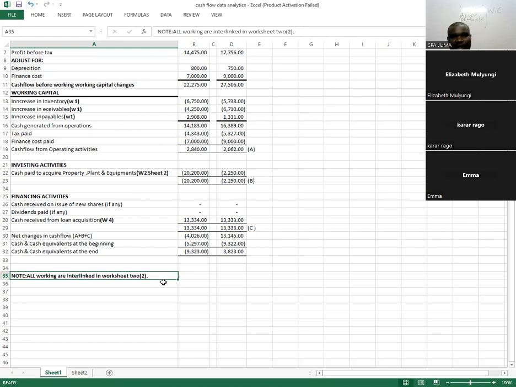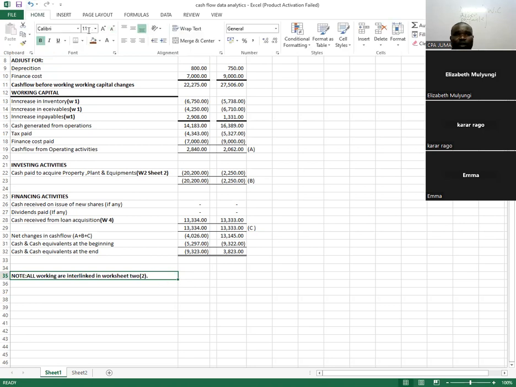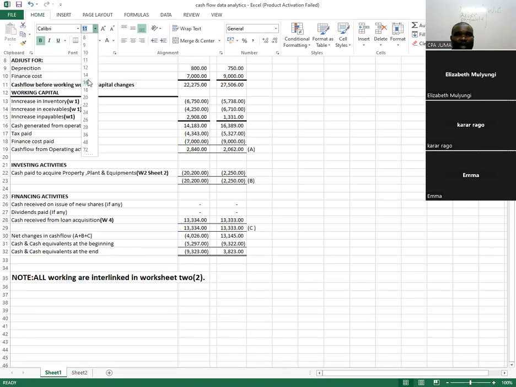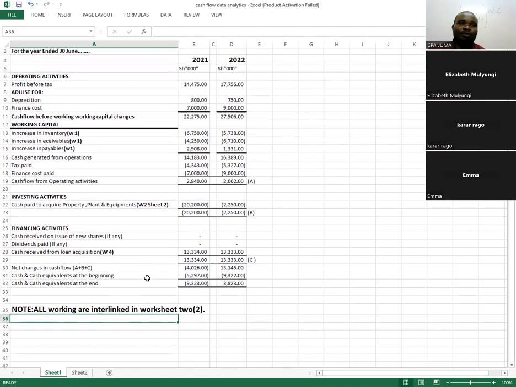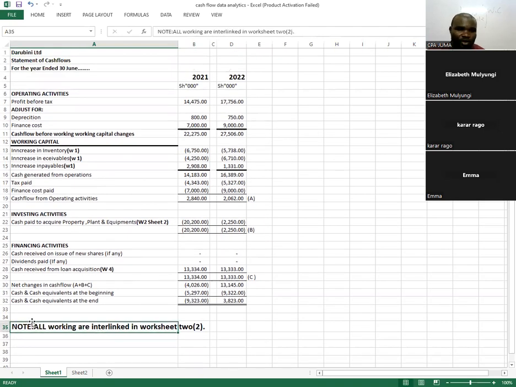I'm not doing it for fun. I have been a marker of financial reporting, and I know how you can play around with the head of the examiner to believe that you are the perfect person in the country. If you write it conspicuously, when the examiner opens that page, he will see this note first: all workings are interlinked in worksheet 2.